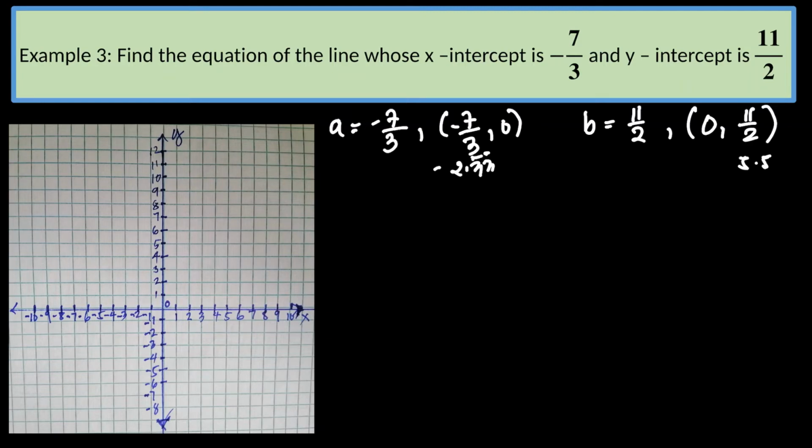Suppose this is the point negative 7 over 3 and 0. And the other one is 0 and 5.5, which is between 5 and 6. So let's have the point here. If we connect these points, that will give us the line.